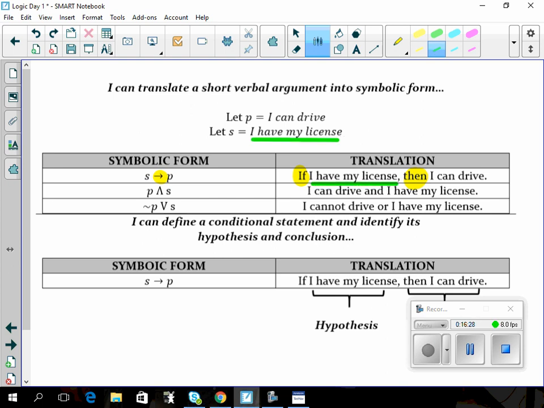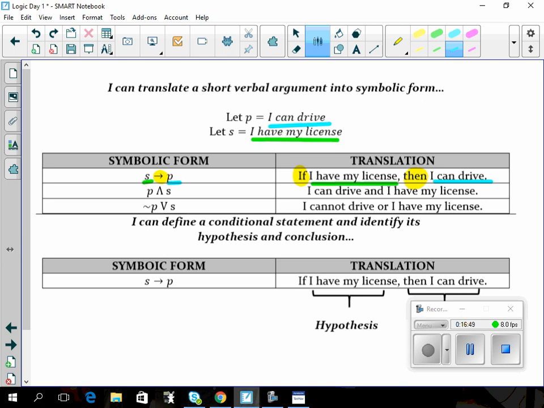Does that make sense? You have to start with the one that it tells you first in the symbols. And then after the arrow is your P, in this case, I can drive. And then I have after the word then, I can drive. Are we okay with that?